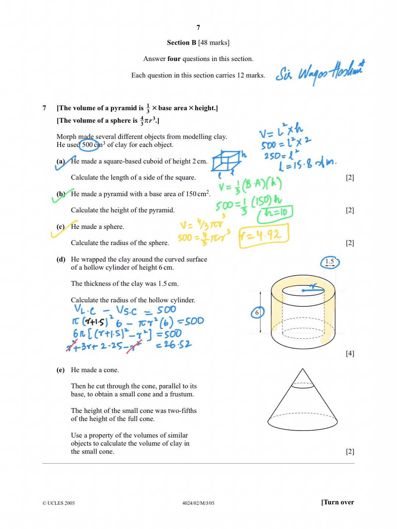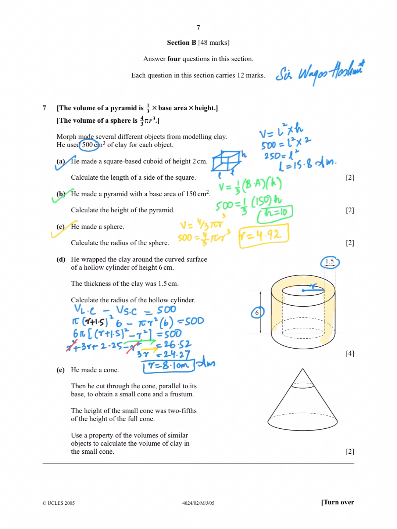So 2.25, when you shift 2.25 to the right side, it will be 26.52 minus 2.25, it's 24.27, equals 3r. 3 is multiplying here, when you shift 3 to the right side, it will divide. So 24.27 divided by 3, it leads to 8.1 centimeter. That is the value of r, and that is your answer.